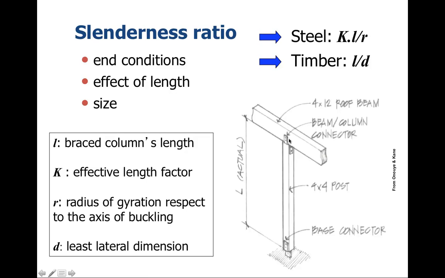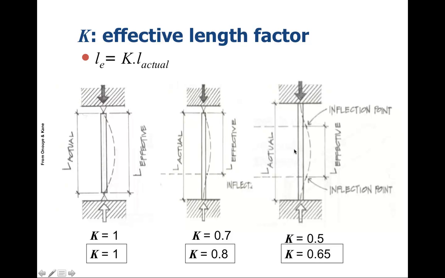Here's an example of our column, a 4x4 column, carrying a load. Some of the considerations are how it is fixed at the bottom and also how it is fixed at the top. The effective length factor relates to how the column is attached at the top and the bottom.